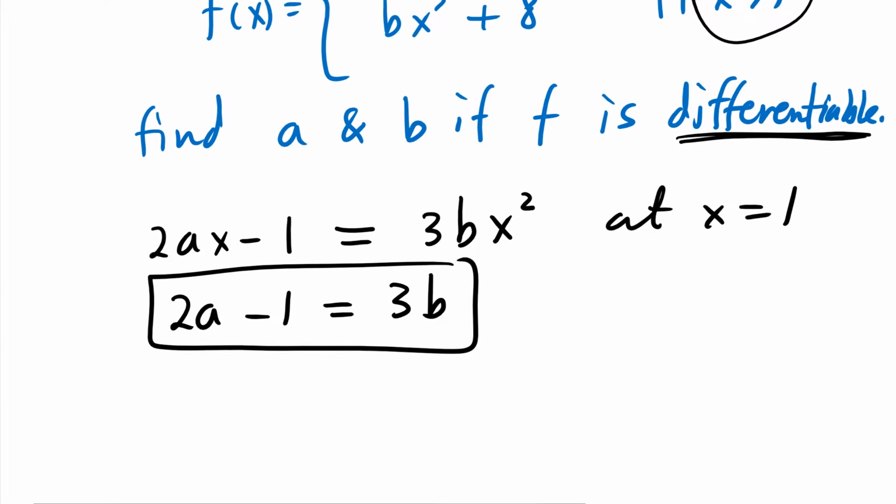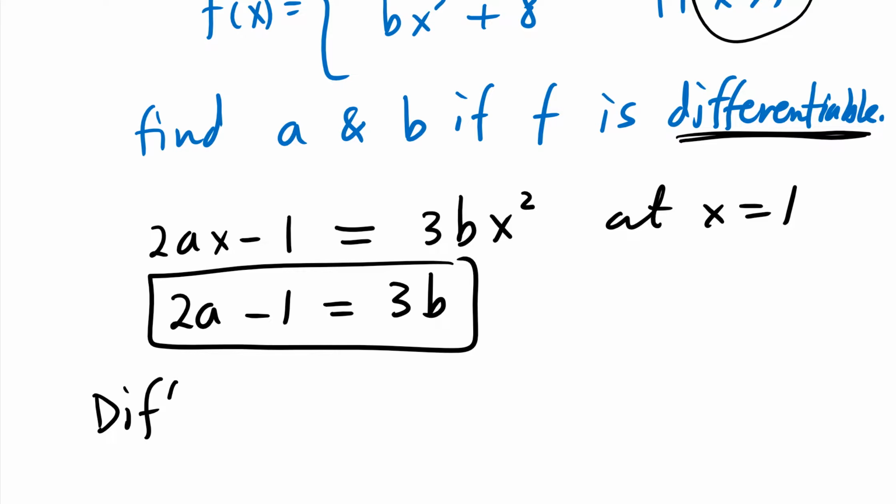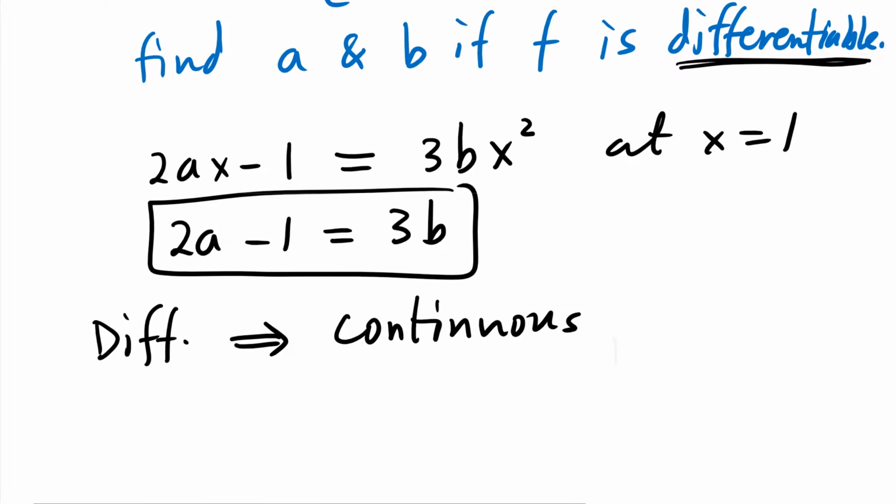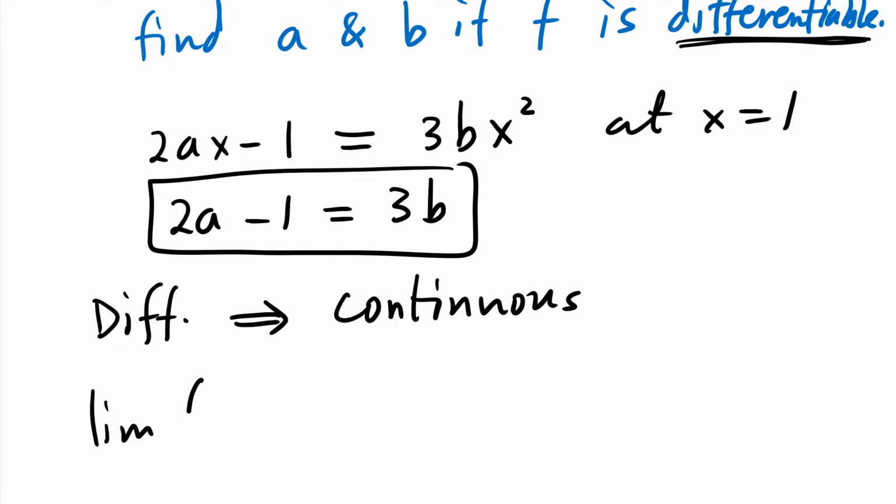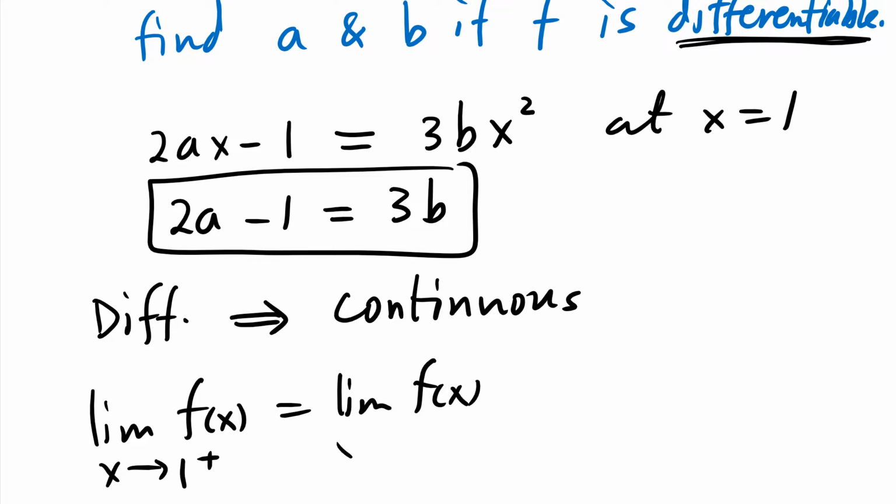Also, we have a theorem that says if a function is differentiable, it implies continuous. So differentiability automatically means continuity. Continuous means the limit of the function as x approaches 1 from the right side equals the limit of the function as x approaches 1 from the left side equals f of 1.